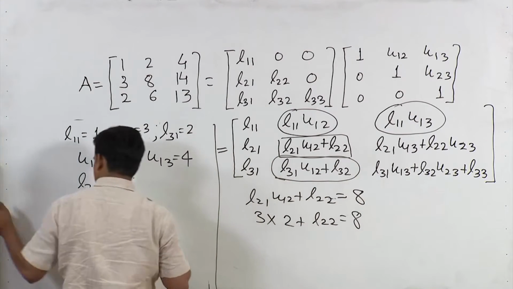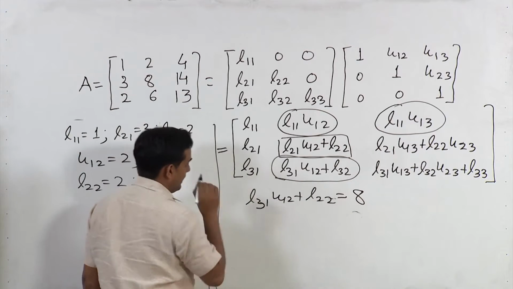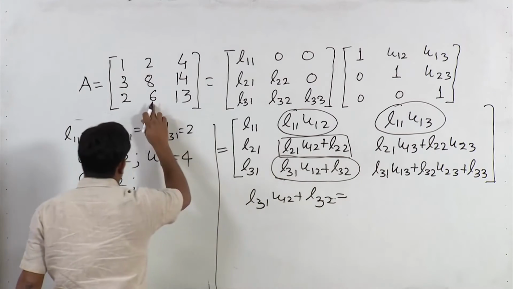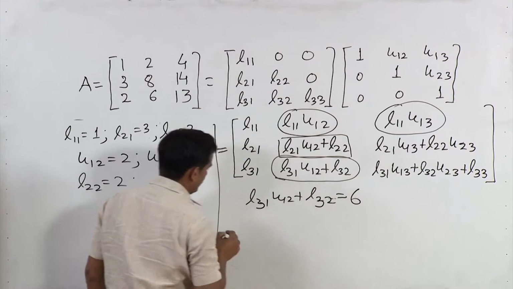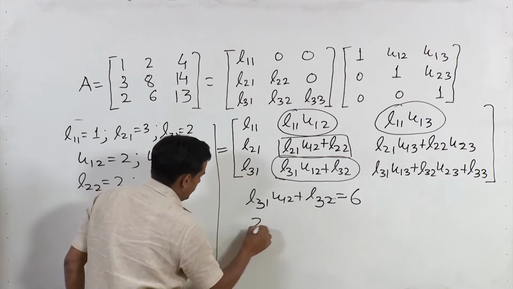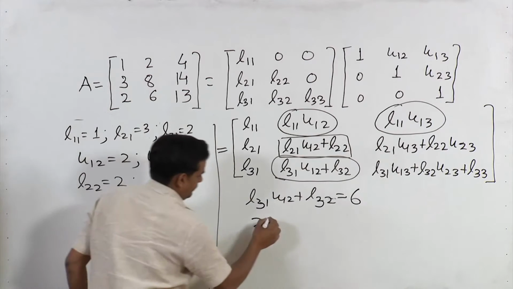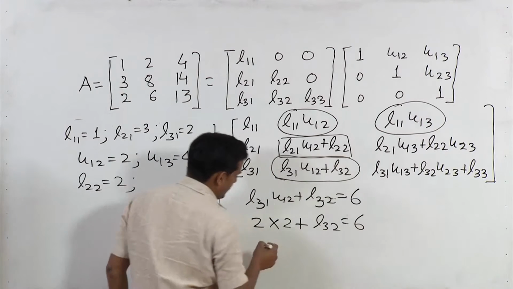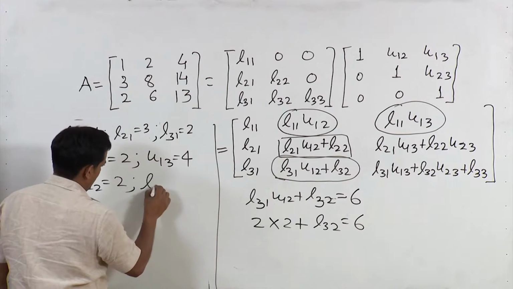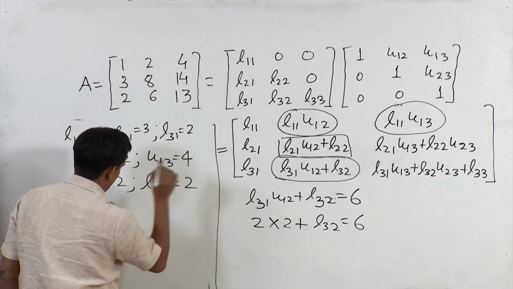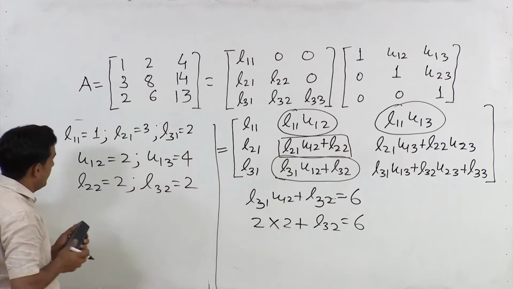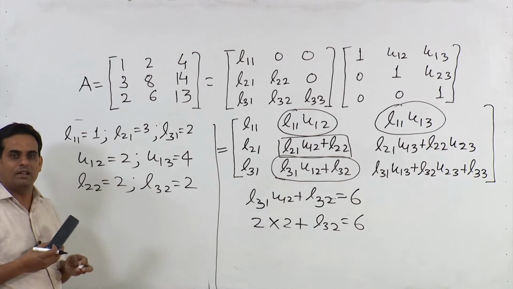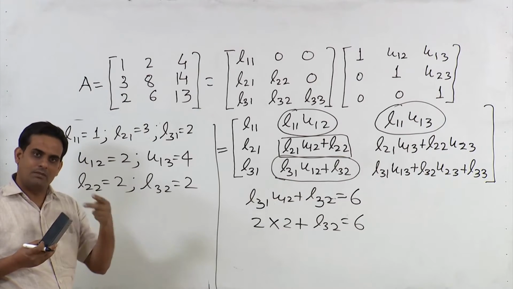This gives me L31 U12 plus L32, and from here it is 6. L31 is 2, U12 is 2, plus L32 equals 6, and from here I got L32 equals 2. So out of the 9 elements I got 7 elements just by comparing two columns and 1 row.